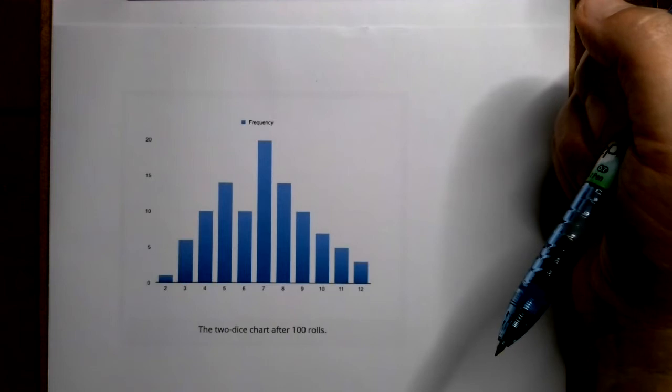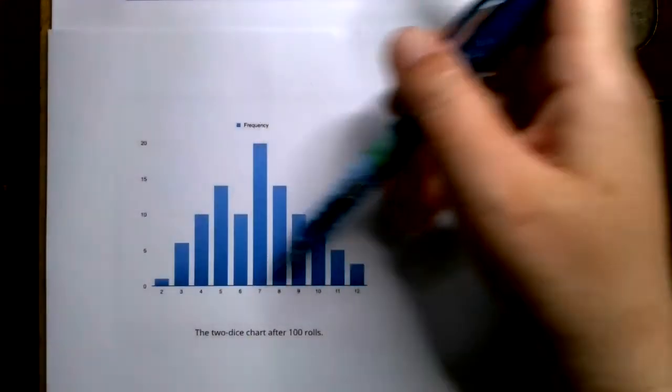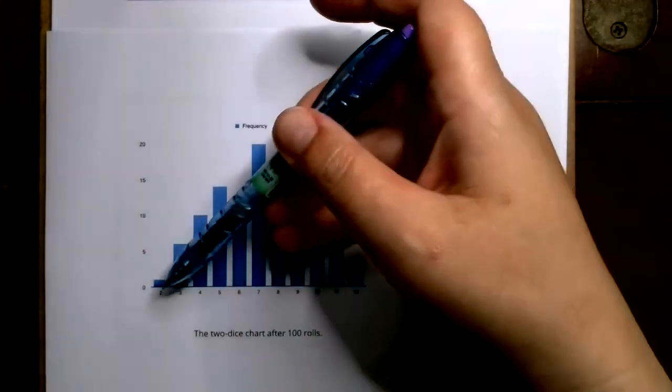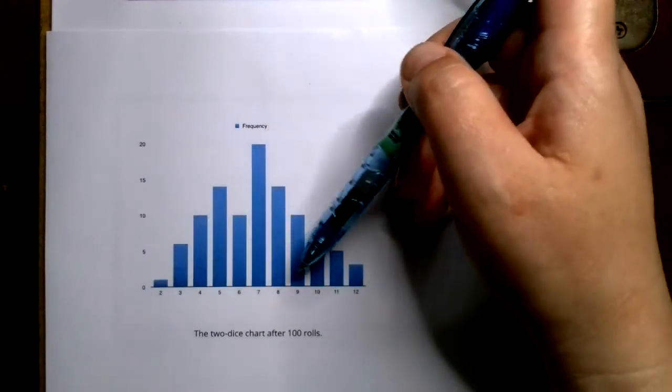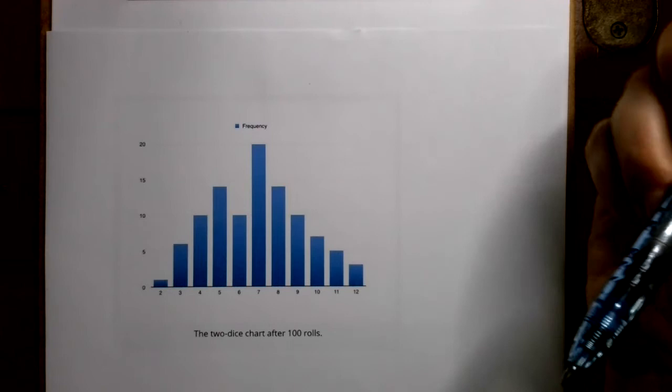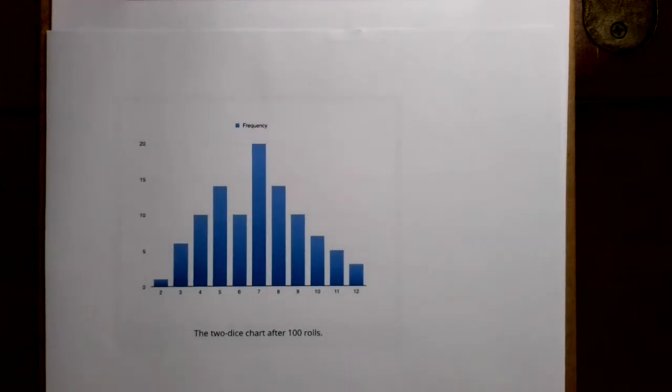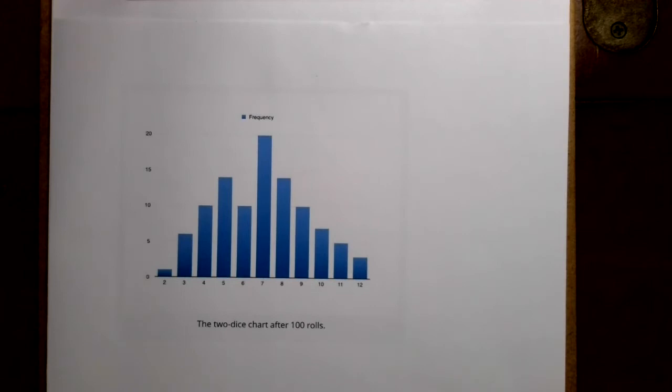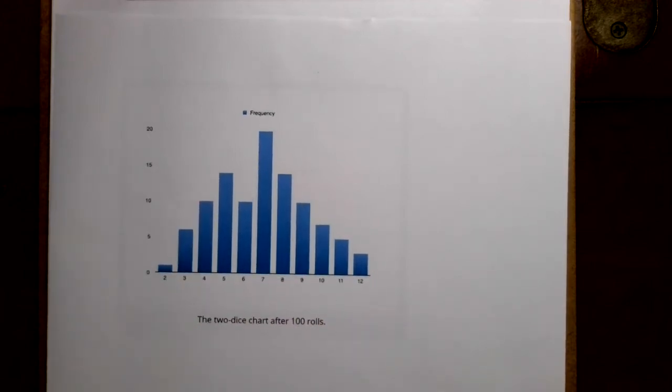So how spread was the data? What was the least number that was rolled? What was the largest number that was rolled? What's the range of this data? So these are the types of questions that we will look into by looking at the graphs.